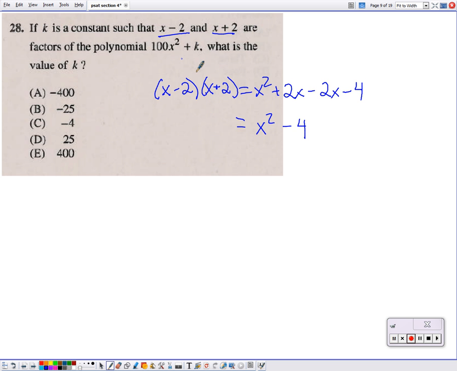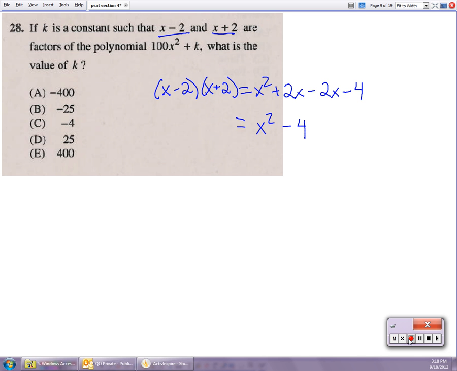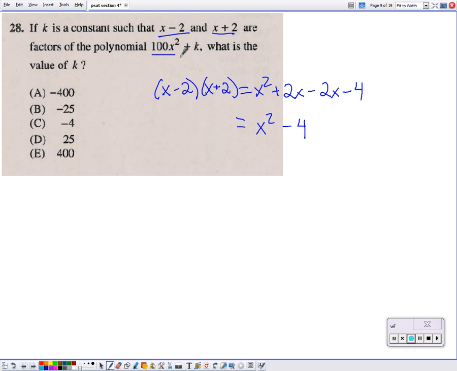Now, if I'm going to multiply k by this... well, no, that's not what I'm going to do. Sorry. Okay, so if this is now a factor of 100x squared plus k, that means that something else times x squared minus 4 has to equal this.